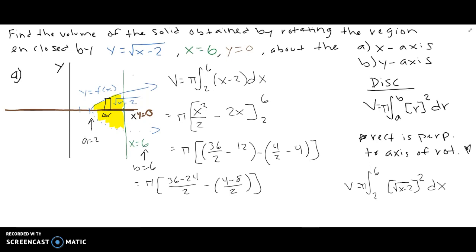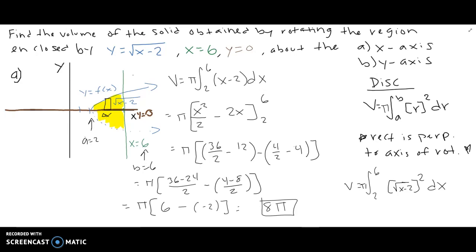And that's going to give us pi times, so that's 6 minus negative 2, which is 8 pi, right? And that's it. So don't forget that pi in the formula, right? Don't forget that like I did, and you'll be just fine.